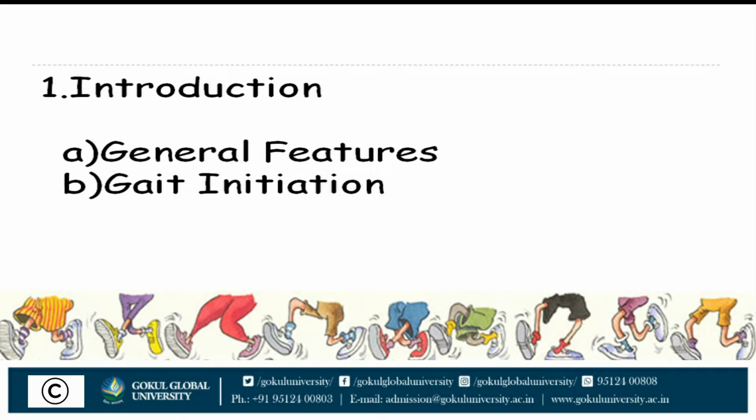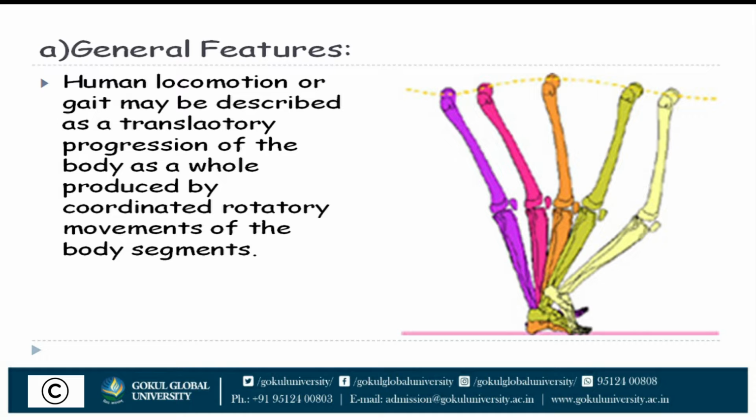Now, introduction. First, general features, and second, gait initiation. General features: human locomotion or gait may be described as a translatory progression of the body as a whole produced by the coordinated rotatory movement of the body segments.